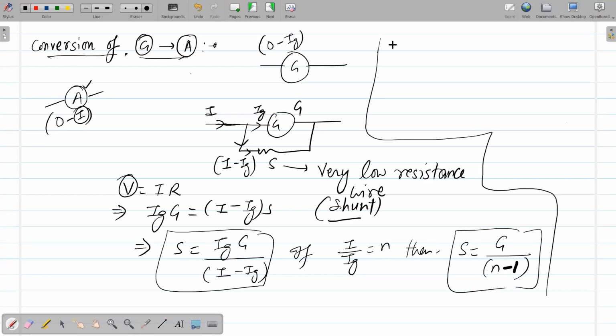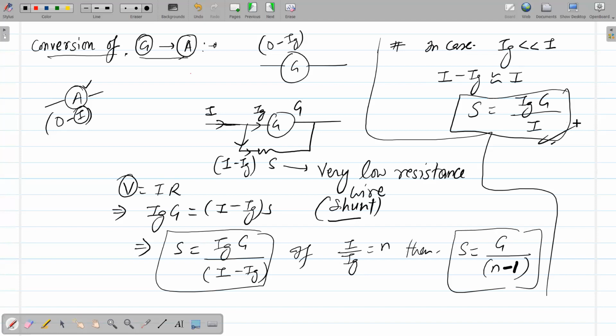And also remember one more thing, that in case Ig is very, very small compared to I, in that case you can write I minus Ig approximately I, meaning S can be written as Ig into capital G divided by I. So this will be the expression for S. Got it, everyone?